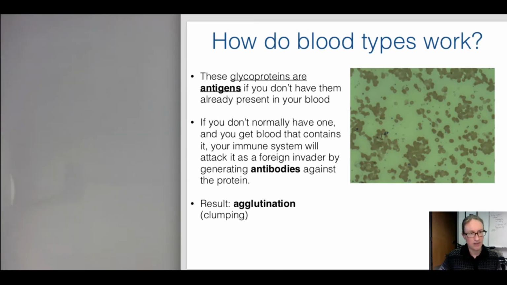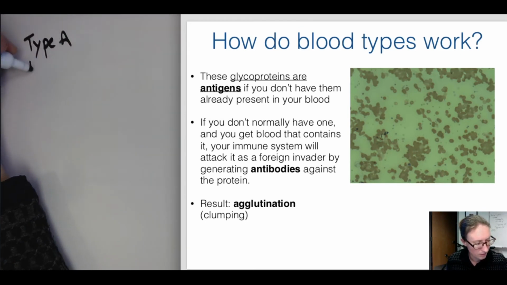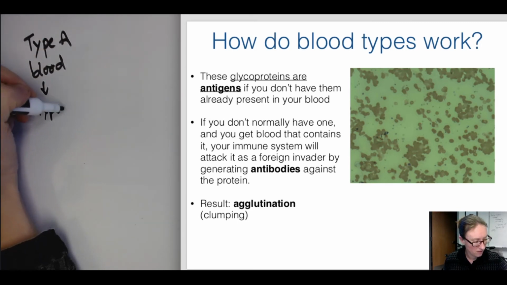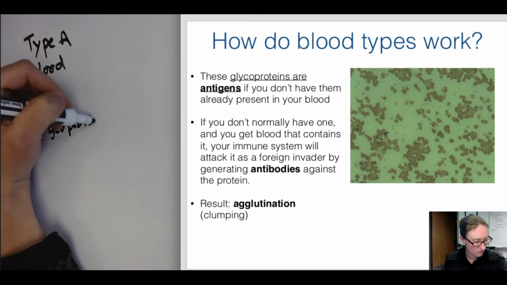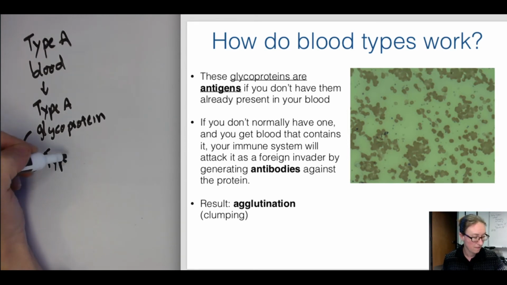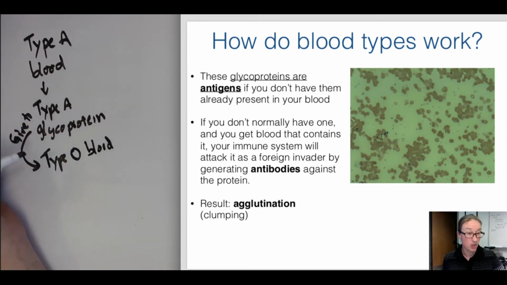So just to rewrite this, if you have type A blood, you're going to make type A glycoprotein. And then if you give that to someone who has something like, let's say, type O blood, they don't have that glycoprotein normally present.